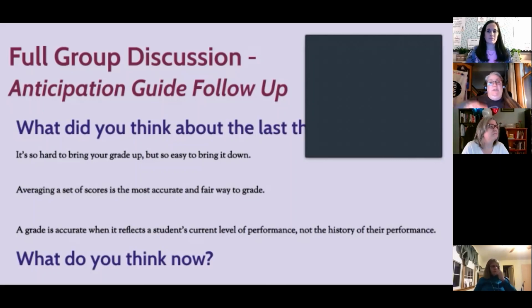Maria already had that level of proficiency, but Ellis worked really hard to get there. They actually have demonstrated the same level of proficiency, so therefore they should have the same grade. You know what I'm saying? How do we combat that?